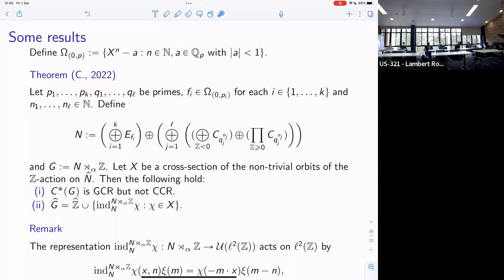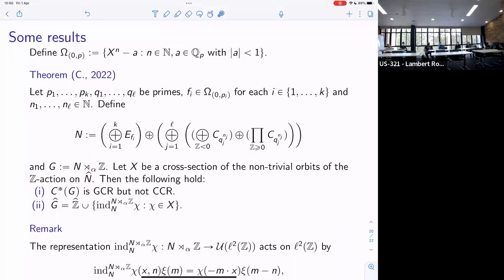And also, I'm classifying the unitary dual of this group. So in particular, if we have the orbits of Z acting on the unitary dual of N, so this group N is an abelian group, and its unitary dual is some group of characters of this group. And Z acts on the unitary dual by conjugation of characters.